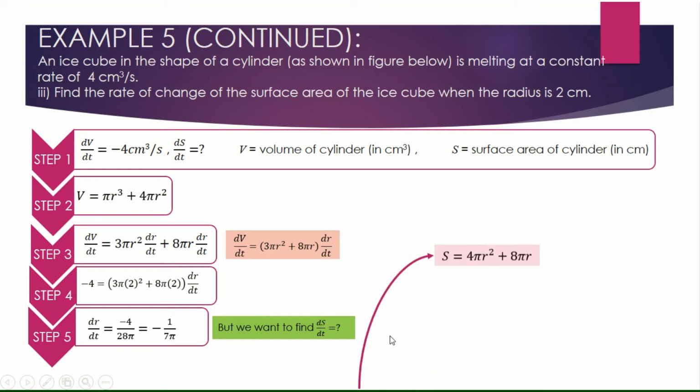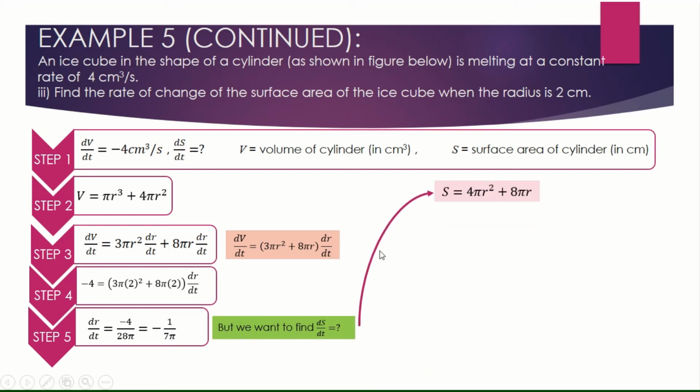From the previous slide, we can write S in terms of r. So S is equal to 4 pi r squared plus 8 pi r. We differentiate it implicitly with respect to time, so we get dS over dt is equal to 8 pi r dr over dt plus 8 pi dr over dt. If we factor, we get (8 pi r plus 8 pi) dr over dt.